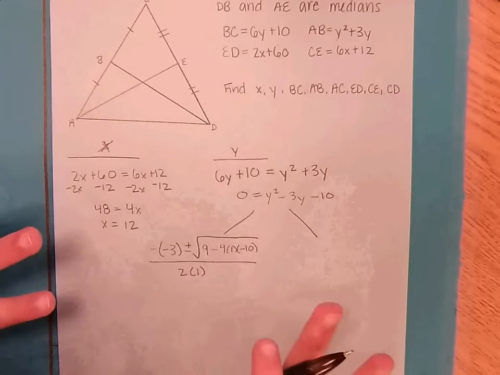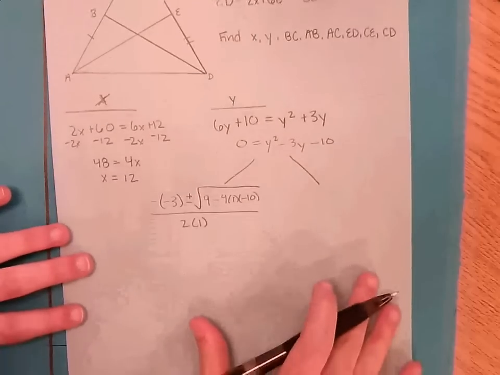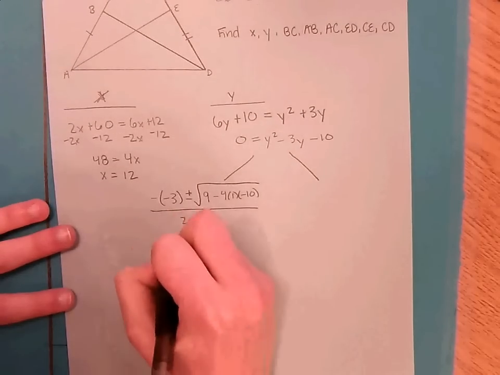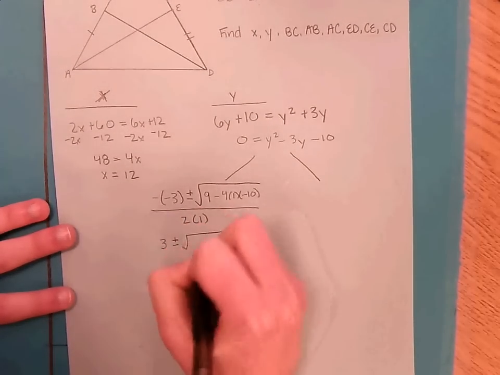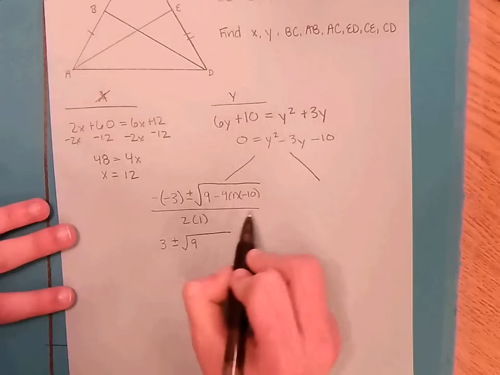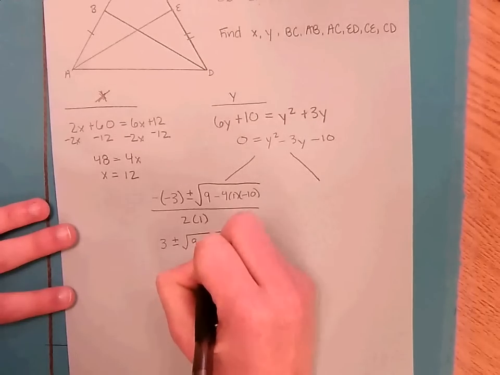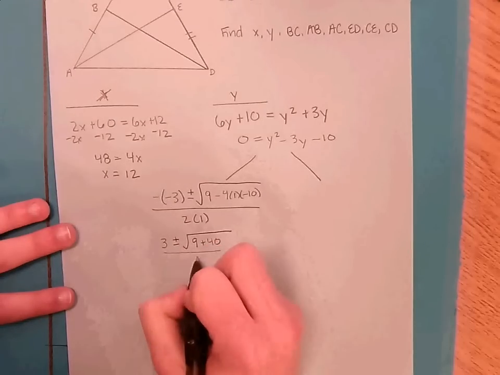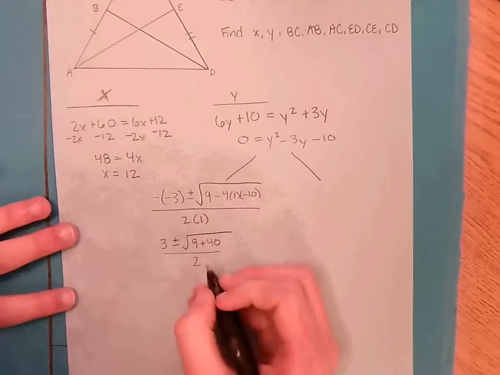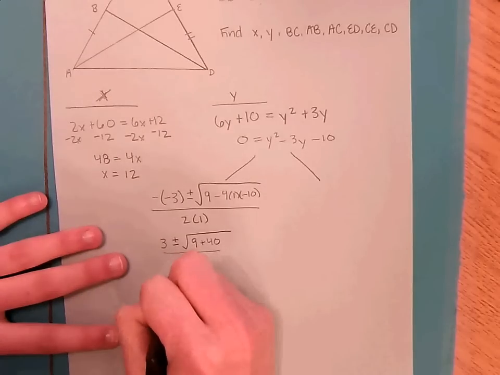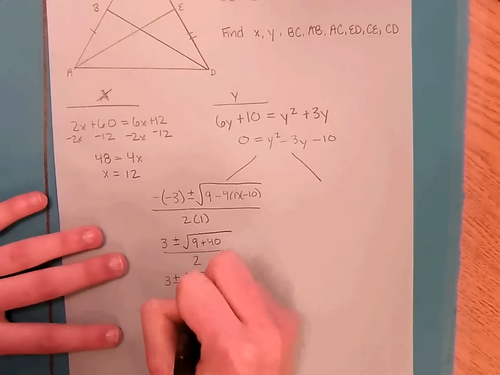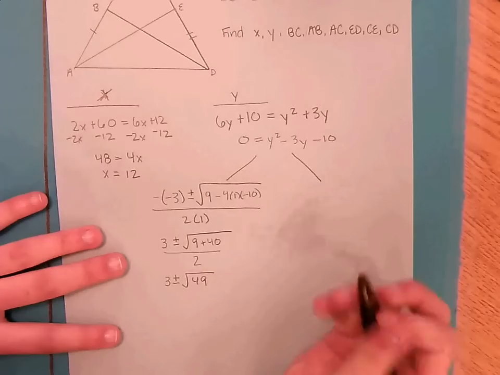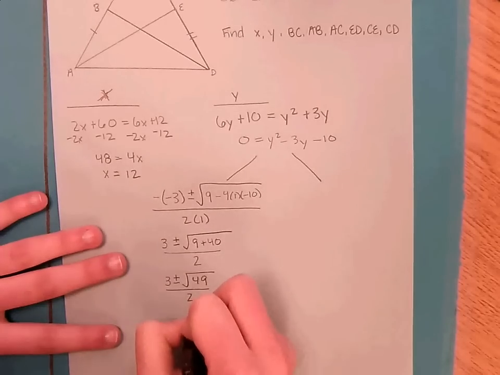So we're going to simplify this a little bit, step by step. We have 3 plus and minus the square root of 9 plus 40, and all of this becomes a positive 49. That looks really good. And then 2. So we now have 3 plus or minus the square root of 49, which is a great number to have under the square root, all divided by 2.